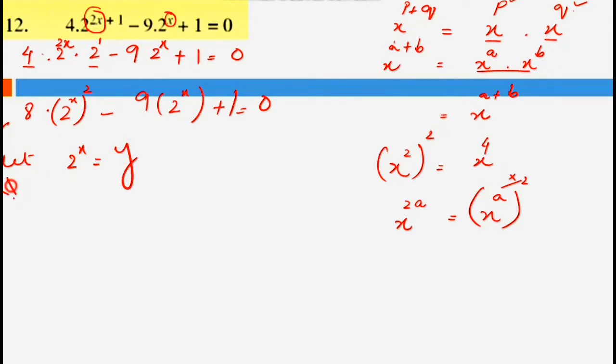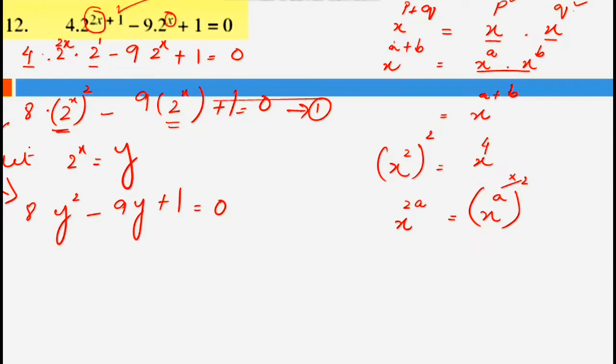Now this equation 1 becomes 8y squared, since in the place of 2 raised to the power x we have substituted y. So it will be 8y squared minus 9y plus 1 is equal to 0. In this way, we have reduced this exponential equation into a quadratic equation.